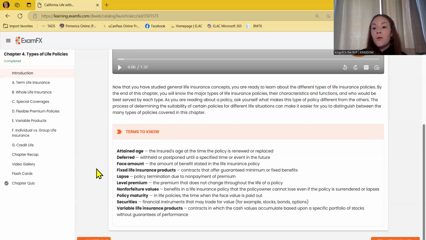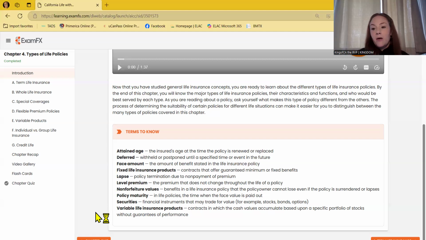This is for whole life, universal life policies. Let's think of the guaranteed cash value, right? Or whatever's in your policy. Even if you surrender, you're guaranteed a certain amount if you cancel at a certain time. And so we'll be going over that as well. Keep in mind that all of those things change, but we do need to know them for our test.